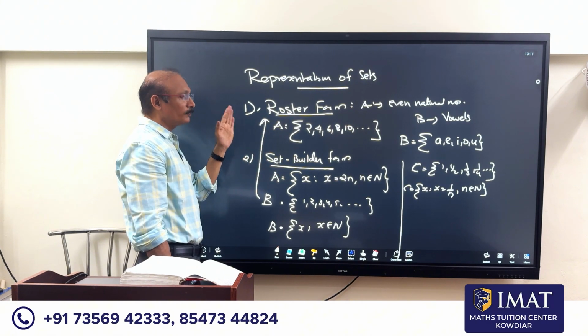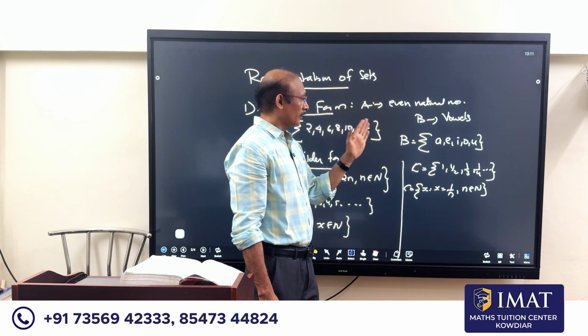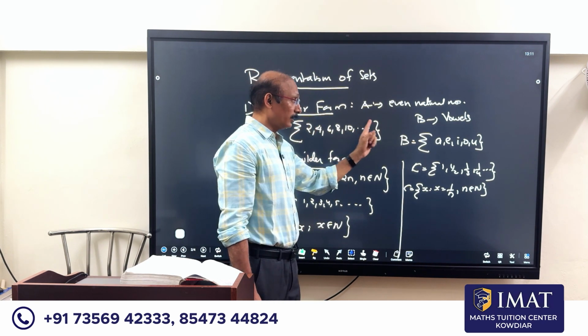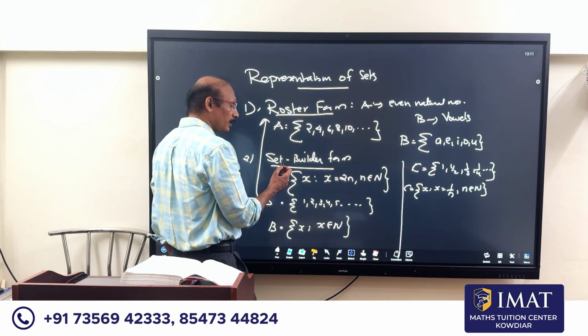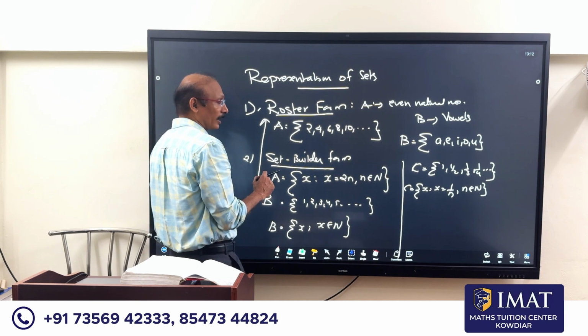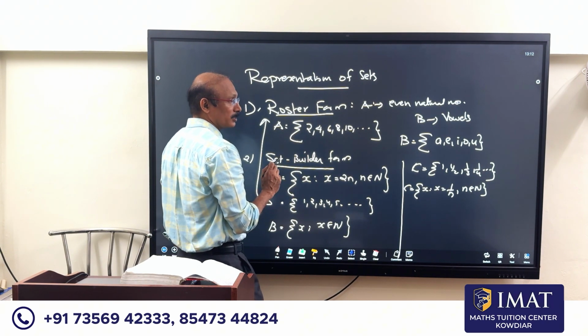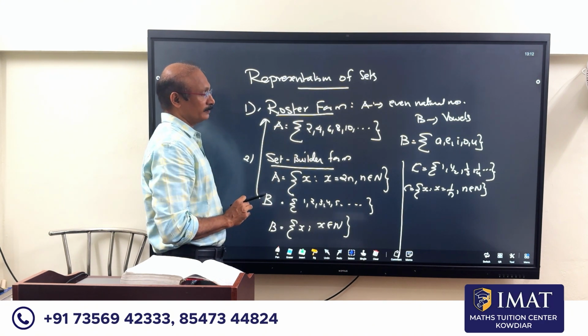What is roster form? In the roster form, you list down the elements of the set, separated by commas, enclosed within curly brackets. And what about set builder form? Here also you use curly brackets, but in the set builder form you don't list the elements; instead you state the characteristic property of the elements of the set.